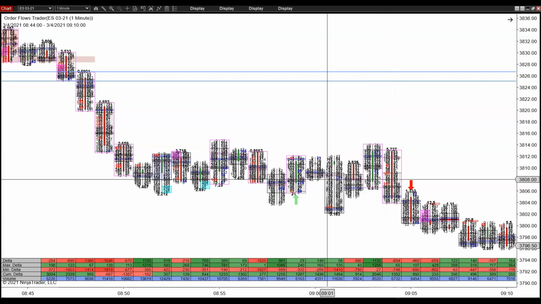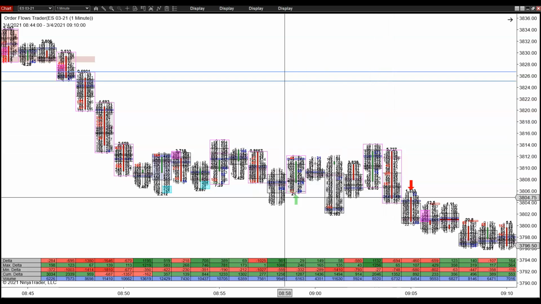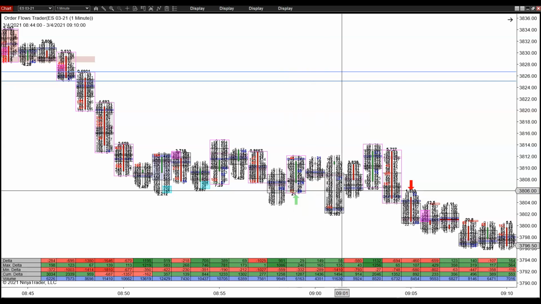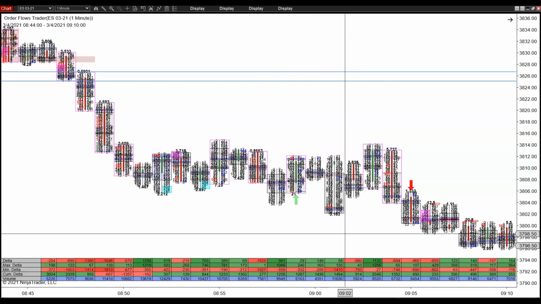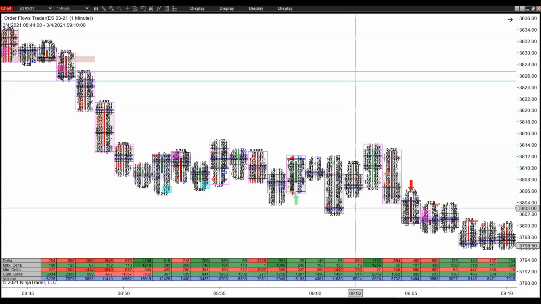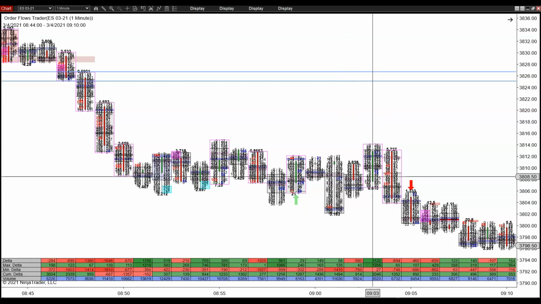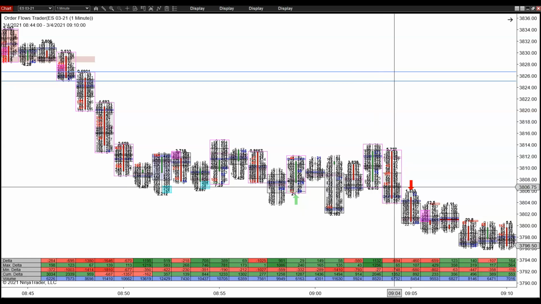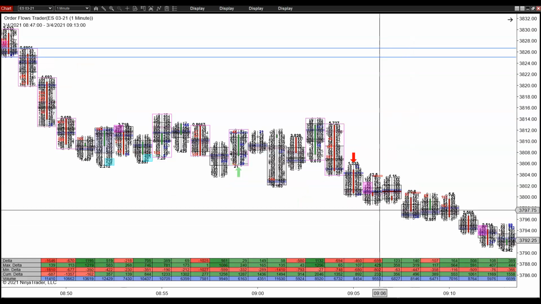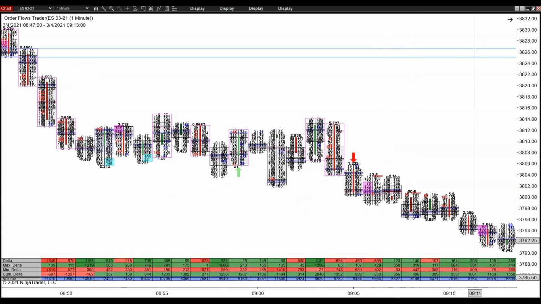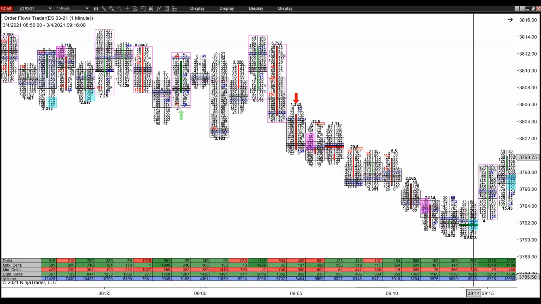It's still going sideways because every time you start putting in some nice positive delta, it gets whacked. 1,000 here, you get up to 1,400, it gets sold here, another 500. Buy 1,000, boom, it gets sold 700, 694. So you're back down to 1,300, and then more selling, 460, 659. Now it's going down. It's still positive delta.